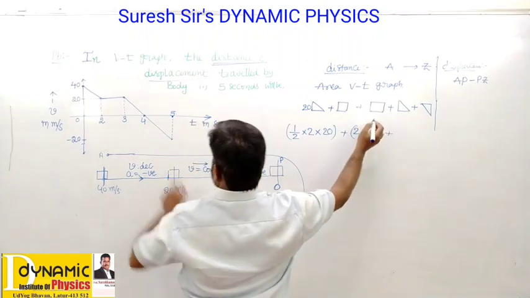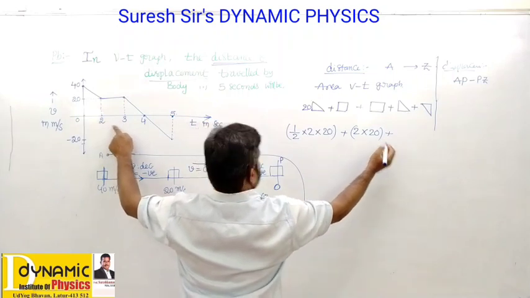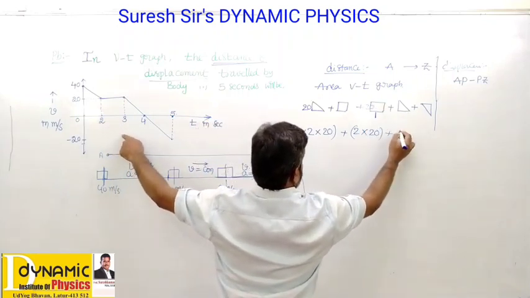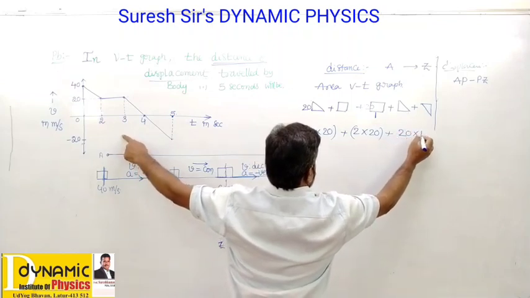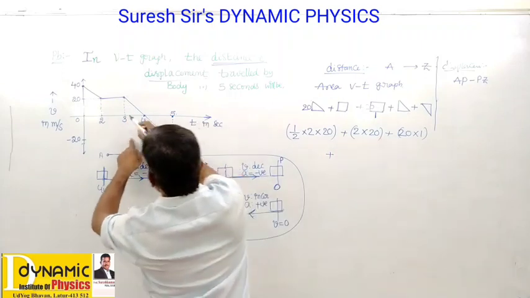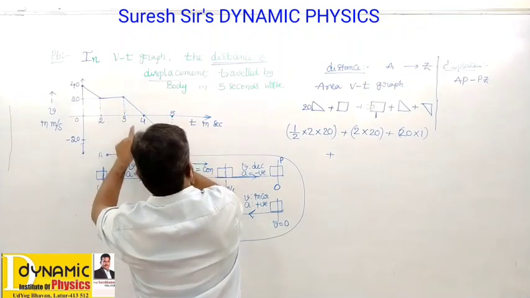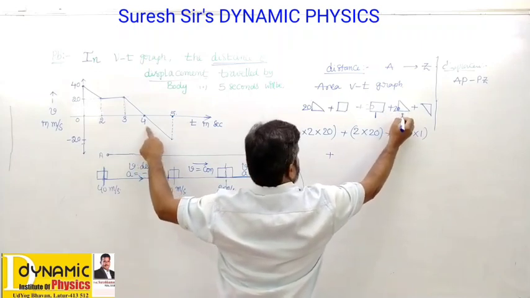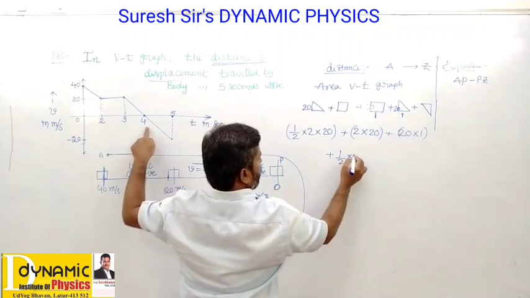Next, another rectangle with width 1 and height 20, so 20 into 1. Next a triangle with height 20 and base equal to 1, so half base into height.